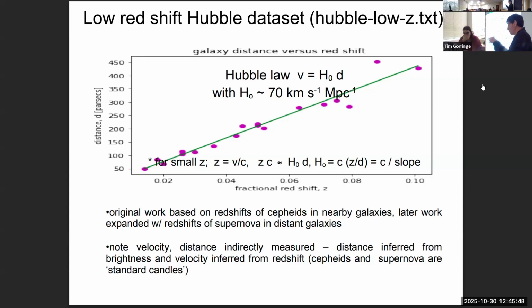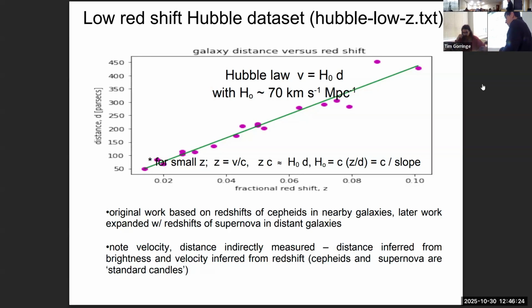Actually, it's the inverse of the Hubble constant times c, the speed of light. I've written it down here, because we're plotting on the horizontal axis this proxy, the fractional redshift, which is V over C. Anyway, I'm just saying there that the slope of this graph, the standard way it's plotted, is the inverse of the Hubble constant times C.